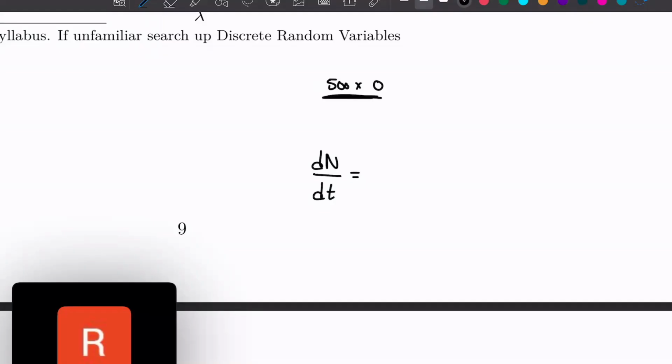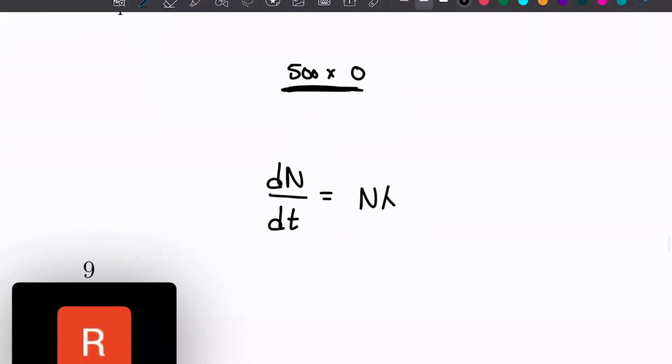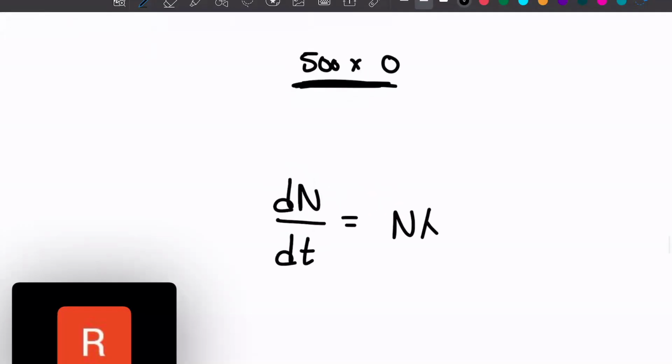The rate of change of this population is going to be proportional to the population itself. So if I have 2 times the population, then my decay rate will be 2 times. If I have half the population, then my decay rate will be at half. Makes sense.